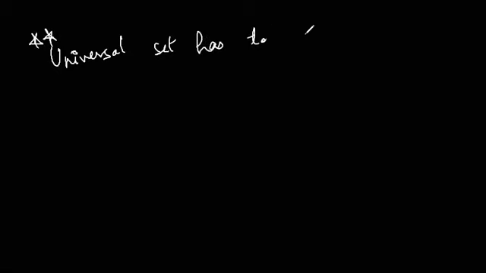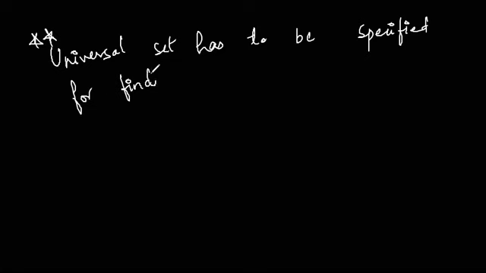For the example, you always have to specify the universal set. This is very, very important. The universal set has to be specified for finding the complement.